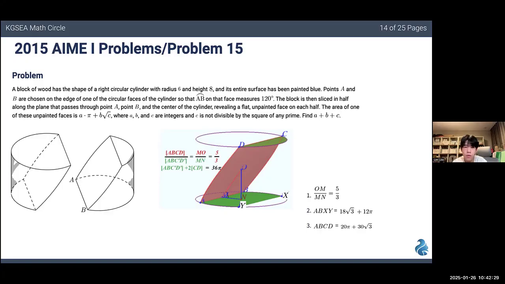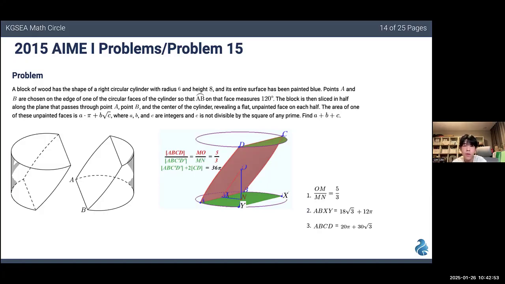Then ON is equal to 4 and MN is equal to 3 because of the 120-degree angle given by the problem. And so OM is equal to 5. If we project C and D onto the bottom face to get X and Y respectively, then the section ABCD, whose area we need to find, is a stretching or a projection of the section ABXY on the bottom face.